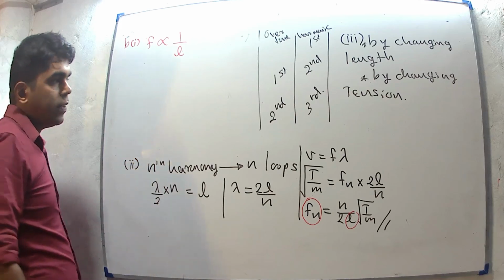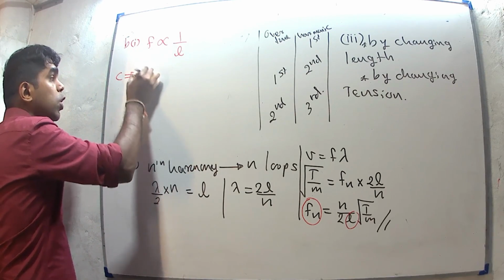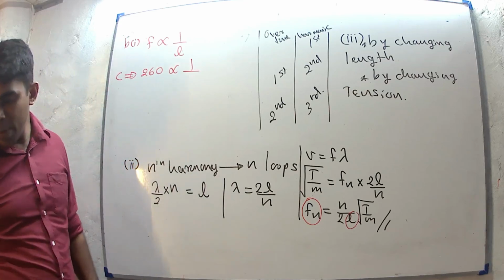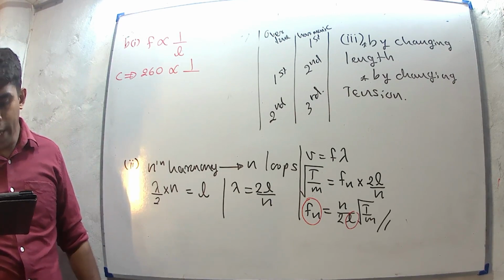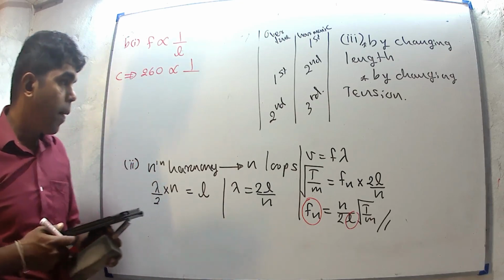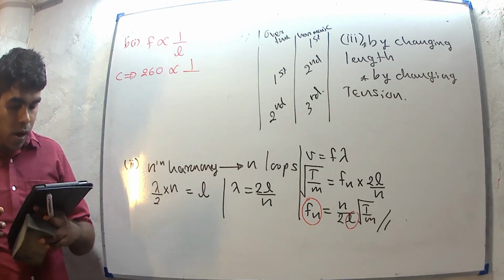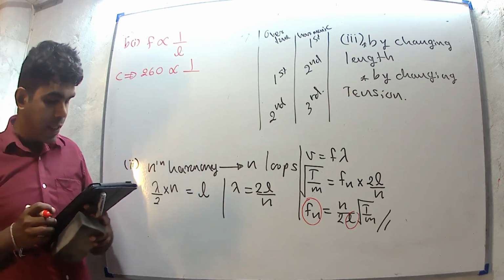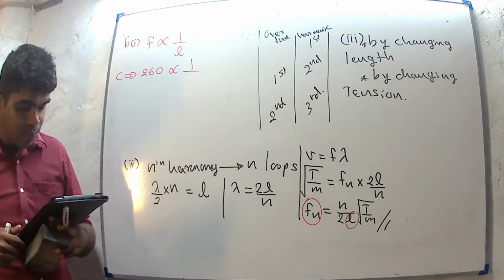Then we can consider the fundamental frequency for C note: 260 is inversely proportional to L1, the corresponding length of the string when getting 260 frequency.